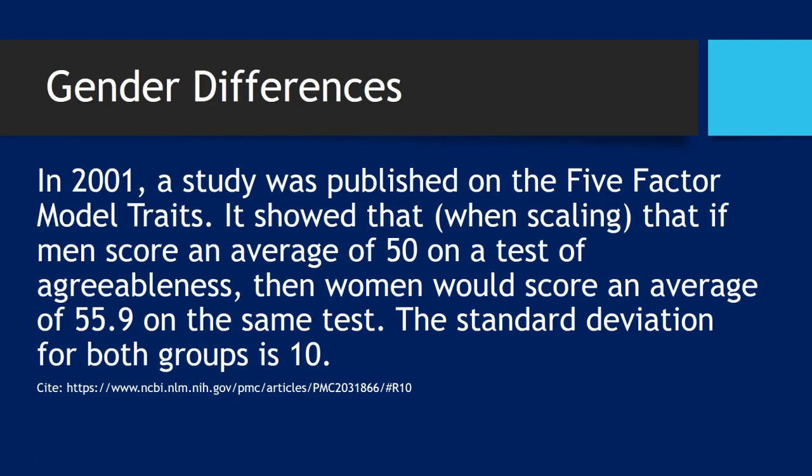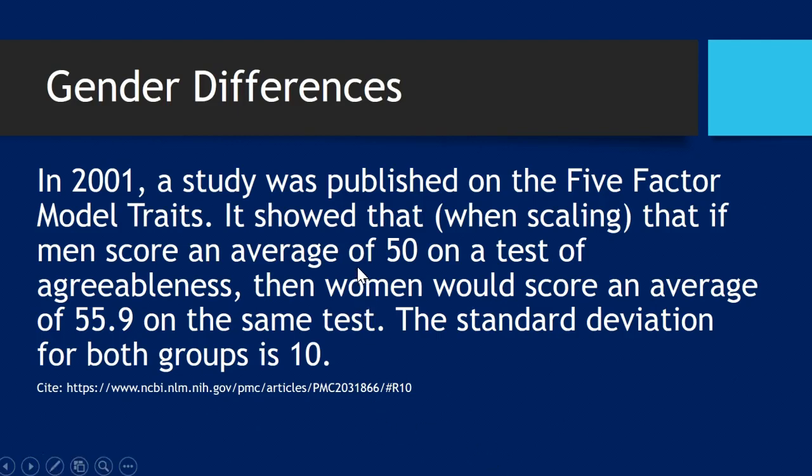All right, so in 2001, there was a gigantic study that was done on the 5-factor model traits. Now, those are like psychological traits. One of those traits is something called agreeableness. You can look them up, all of them, if you want to. There's the source underneath.